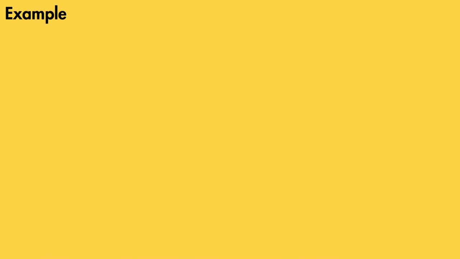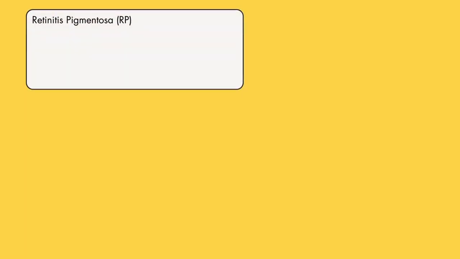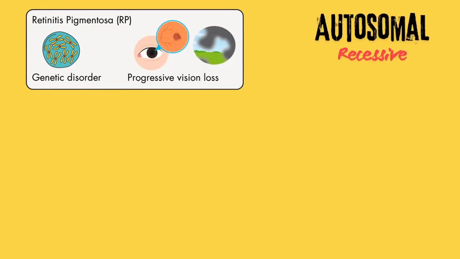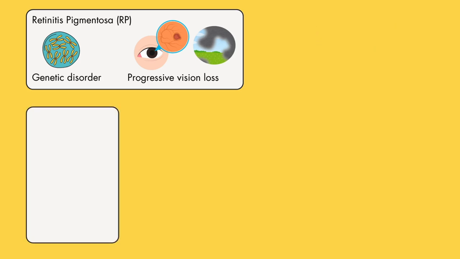Let's explore an example of dominance modification in a condition called retinitis pigmentosa, a genetic disorder that causes progressive vision loss. In the autosomal recessive form of retinitis pigmentosa, the condition is caused by homozygous mutations in the PRP1 gene.